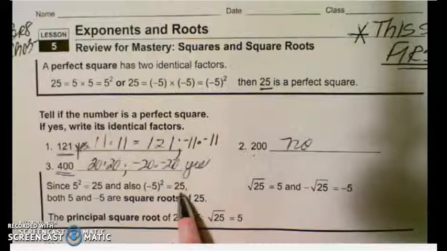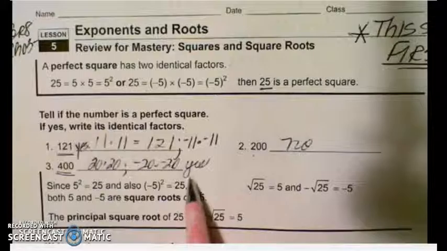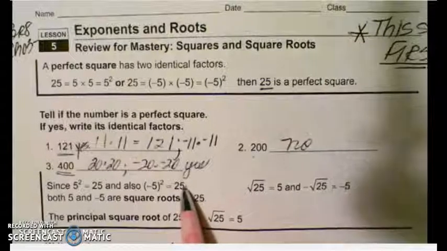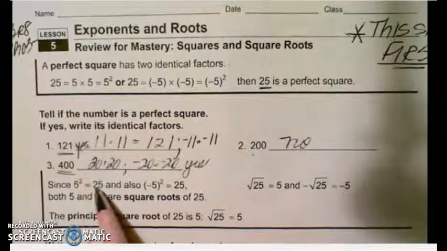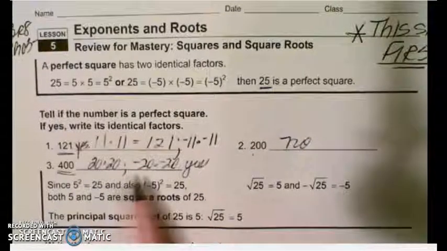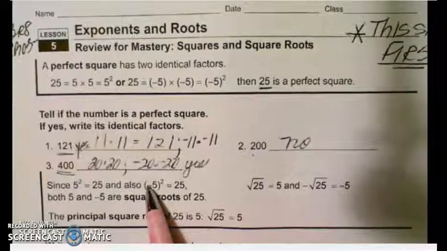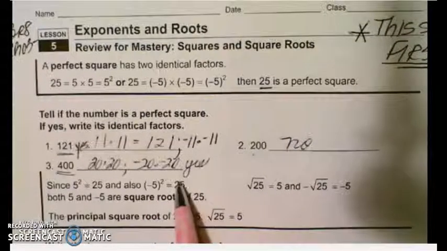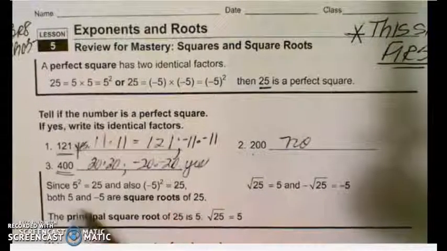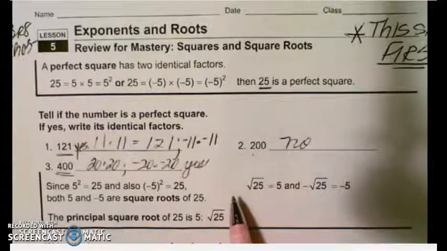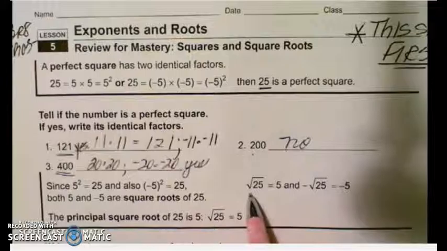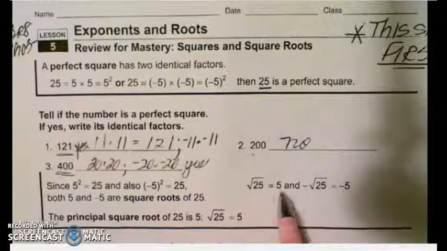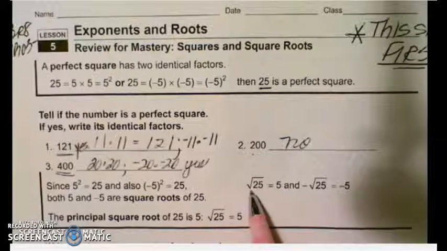So a perfect square refers to the value of multiplying two identical numbers. 5 times 5 is 25, making it a perfect square. Negative 5 times negative 5 is 25, making it a perfect square. The inverse of that would be to take the square root of a number to determine what factor is squared to get that value.